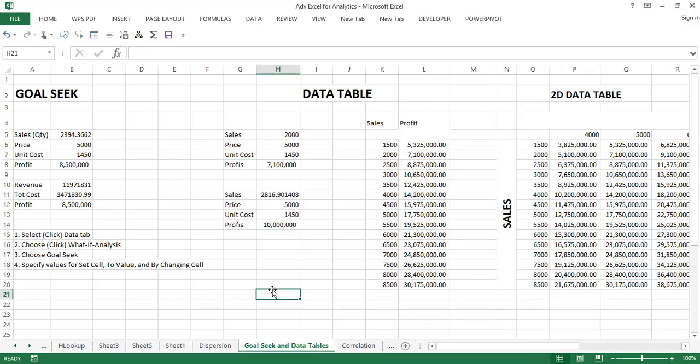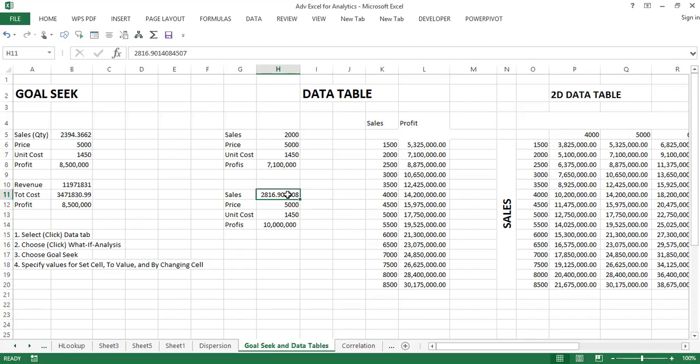It doesn't have to be sales data. The value has to be a calculated value, and then you want to achieve a particular figure or objective by changing another variable.